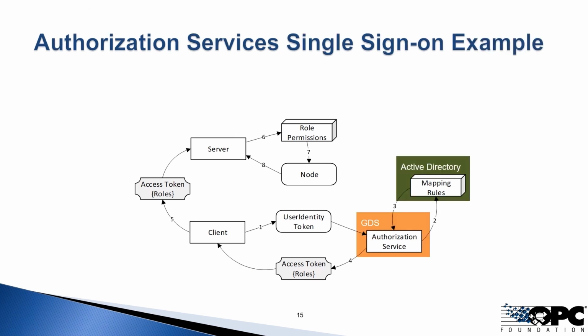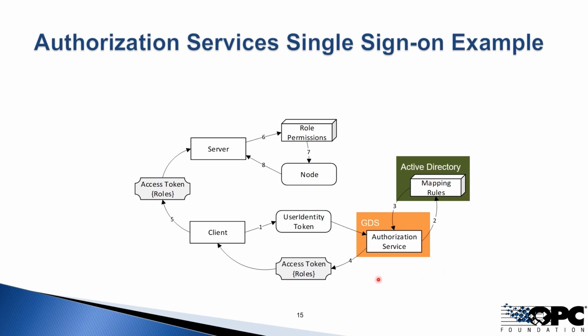So let me explain now how this authorization service might be used in a more concrete example to provide the single sign-on that I said we could provide with this. So let's make the assumption in this case that we have a client, an OPC client that is running on Windows, and that Windows machine is in a domain, and the domain has Active Directory installed, and my GDS uses Active Directory as the authorization service, the back end of the authorization service.